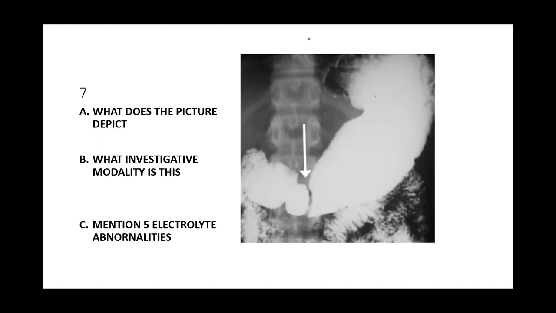Okay. What is the difference between barium meal, barium swallow, and barium meal and follow through? So barium swallow is meant to depict the esophagus, while barium meal goes into the gastric level.